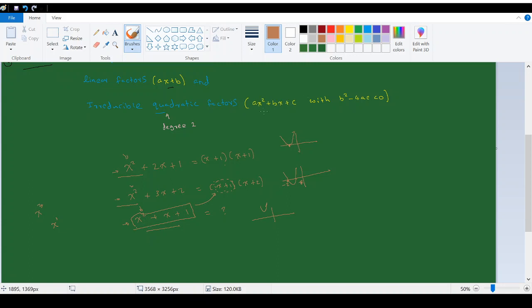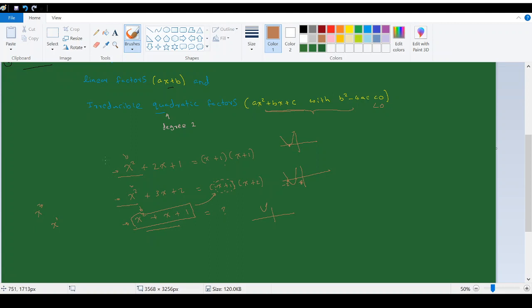This is the condition that we should check to see whether it is possible to do a linear factorization. If this b squared minus 4ac term is less than 0, you cannot factor it into linear factors.